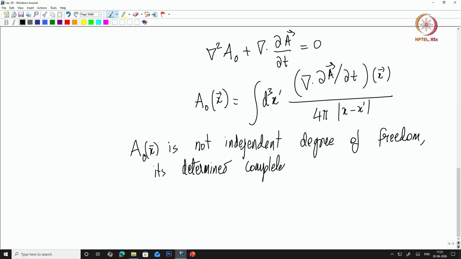Completely by A bar, meaning the three component part of A mu. So that means you have one redundant degree of freedom.